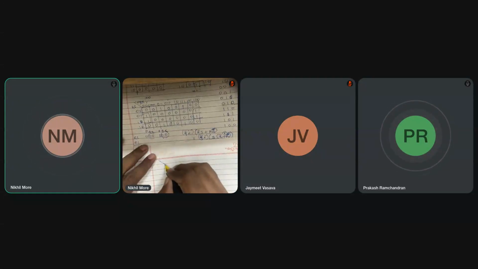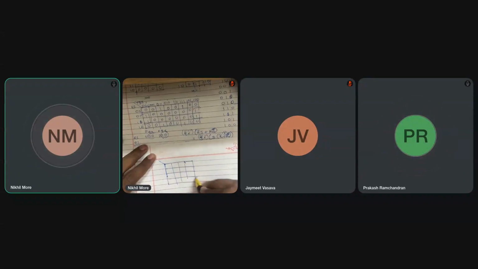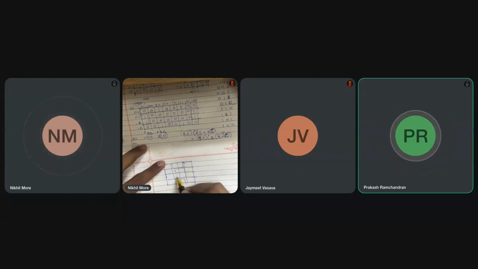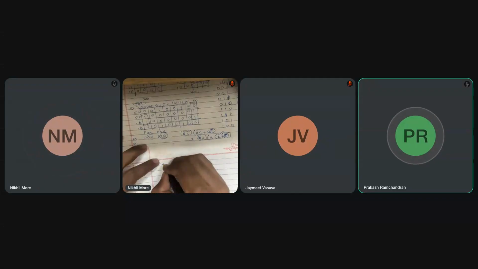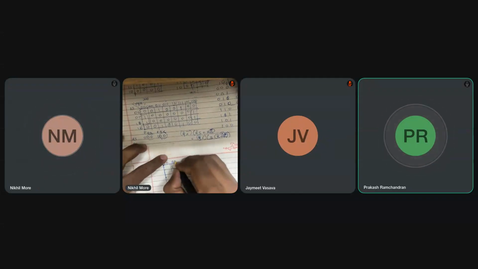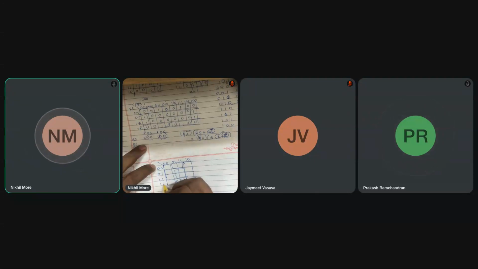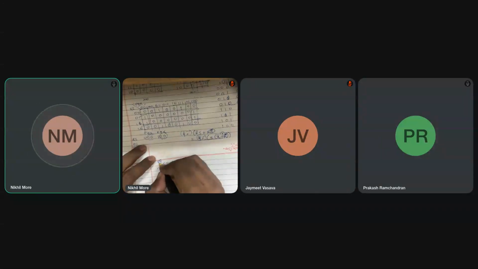So I'll just consider a four variable system. So if we have something like this, we know that the terms will be 0001. Just copying everything for the sake of clarity.